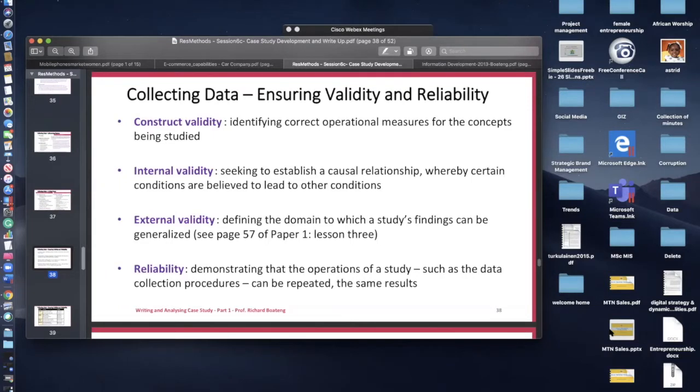Going back, we now have to look at internal validity. Internal validity focuses on seeking to establish a causal relationship where certain conditions are believed to lead to other conditions. When we say that, we are pointing to a pattern. This is not about a chain of evidence. A pattern means that when I look at the data that I have, before an argument is put across, there is enough and sufficient data to warrant my argument.